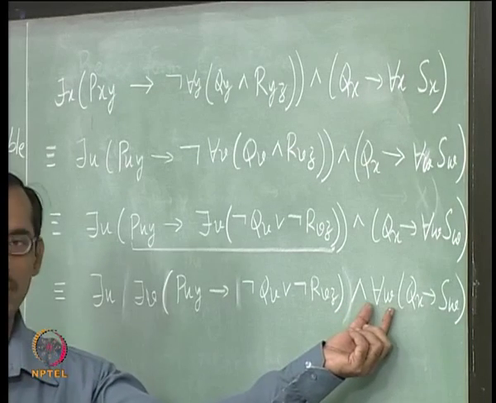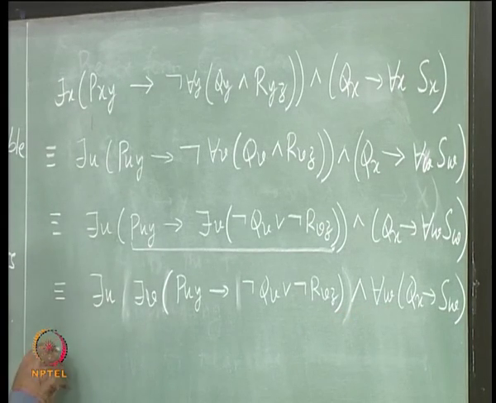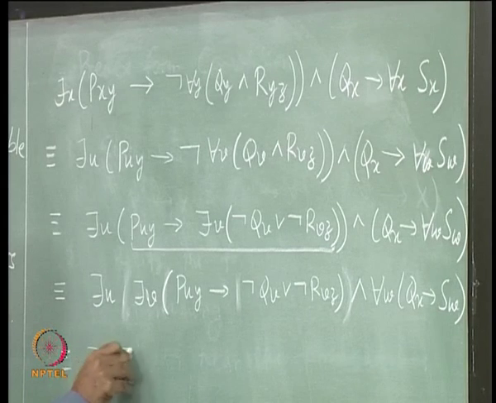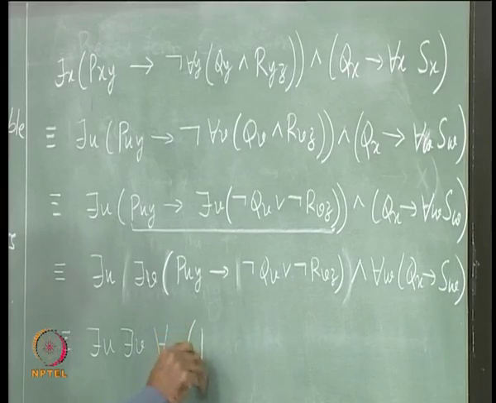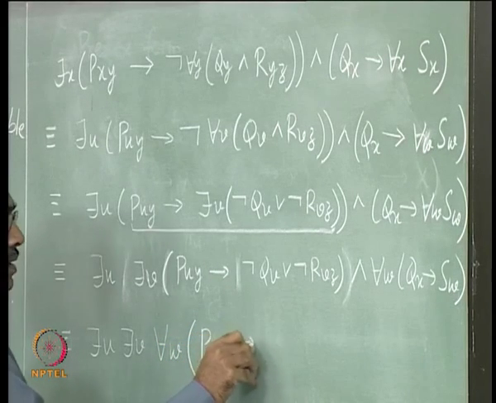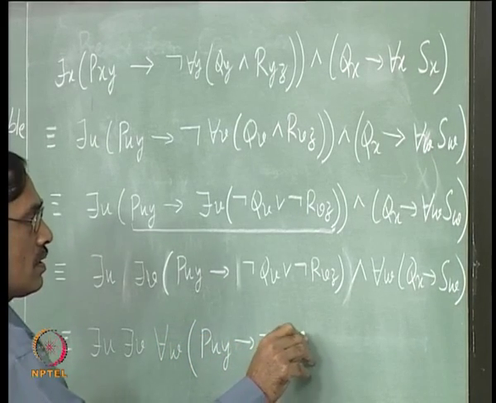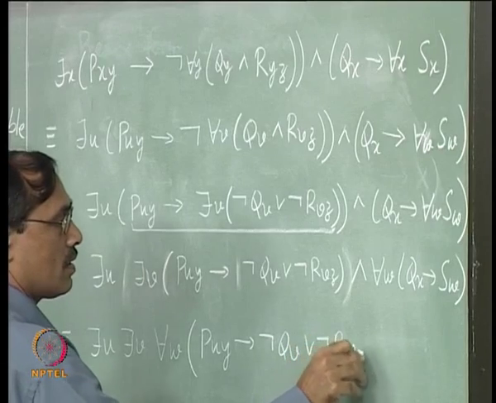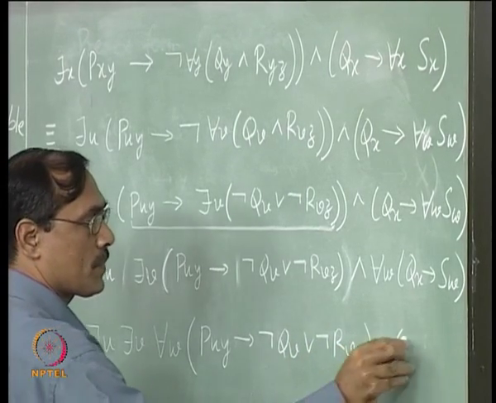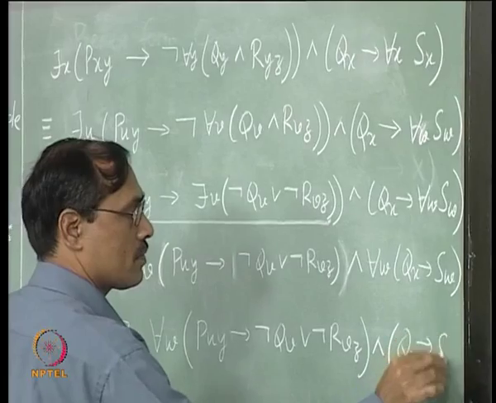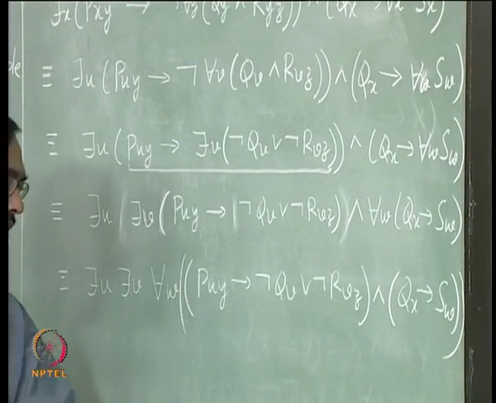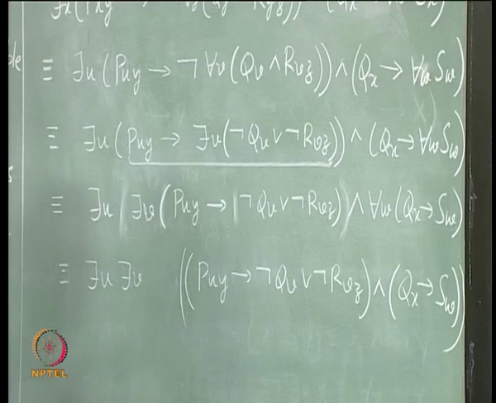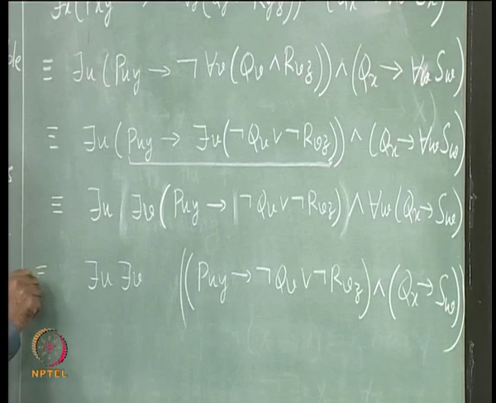Next step will be pulling this. In fact, when you use it, this for all w will be in the beginning, right.